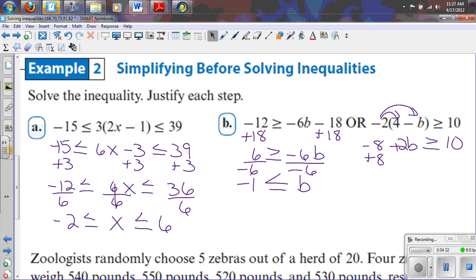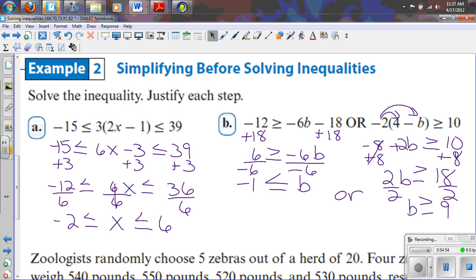So it's a 2-step. Still, we're going to add 8 to both sides. And so we get 2b is greater than or equal to 18. Divide everything by 2, and b is greater than or equal to 9. So b is greater than or equal to 9, or b is greater than or equal to negative 1.